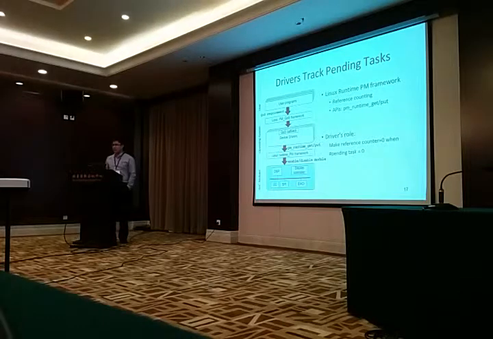Device drivers are responsible for calling these APIs at the appropriate time so that the reference counter will remain larger than 0 when the module has pending tasks and reaches 0 when there are no more pending tasks. Because the runtime PM framework will try to disable the module when the counter reaches 0.